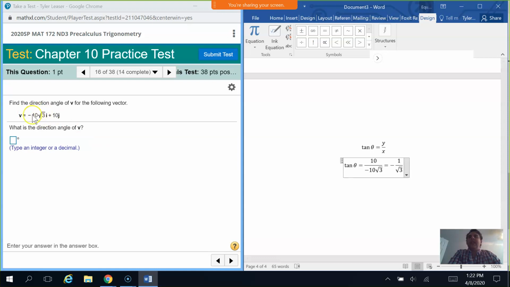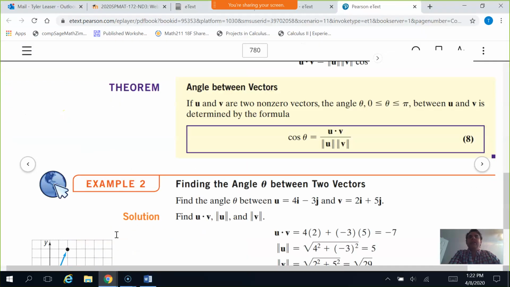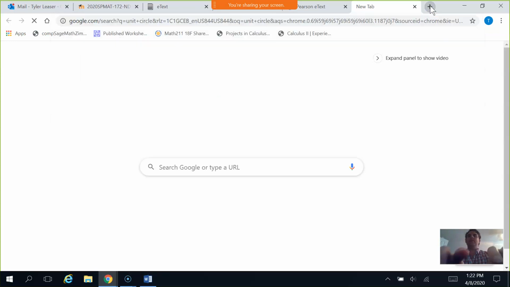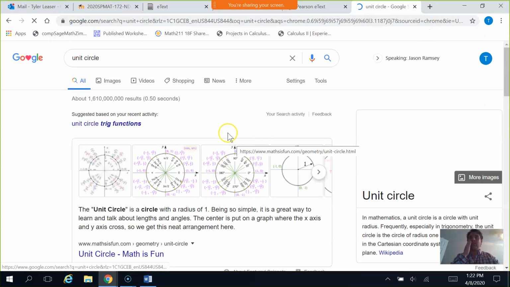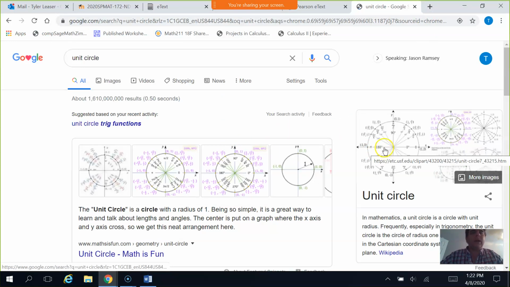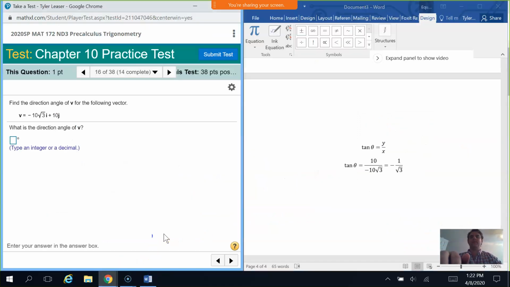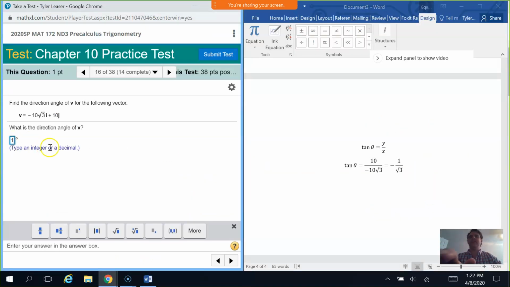This time we're going in the negative horizontal and the positive vertical, so we're in quadrant 2. And again, I think I got rid of my unit circles again. So in quadrant 2, tangent is negative 1 over root 3 here. This is at 120 degrees. Yep. So that says that the direction angle has to be 120.